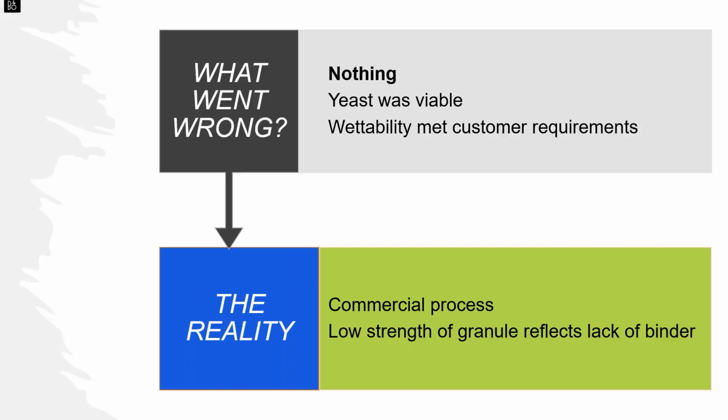The wettability and dustiness requirements met our customer requirements, even though there were a lot of fines in there. But because we didn't have a binder, we were making great granules, but the strength of the granule was such that it was degrading before we could actually get it into play.